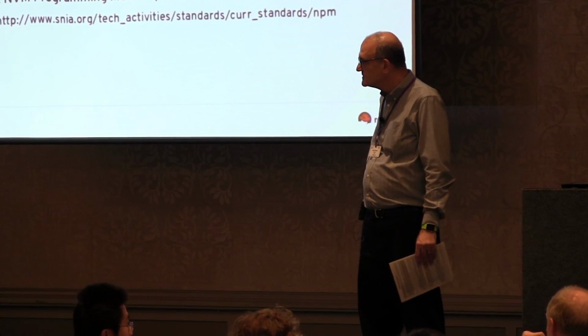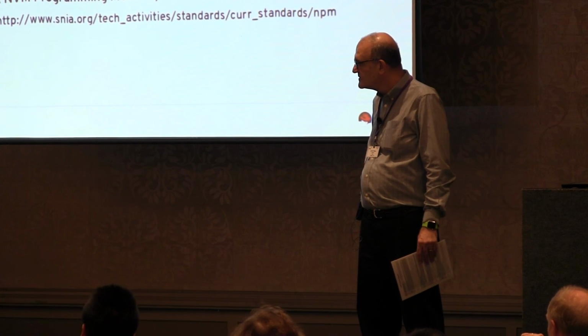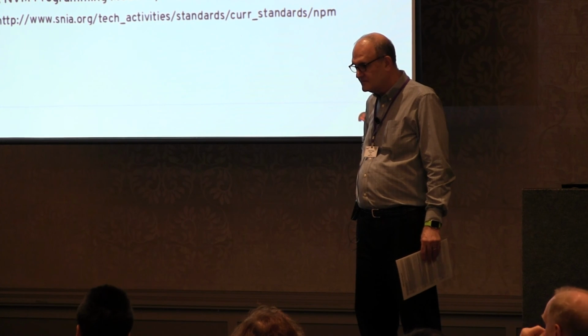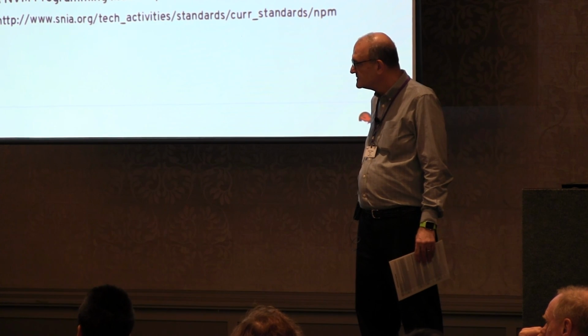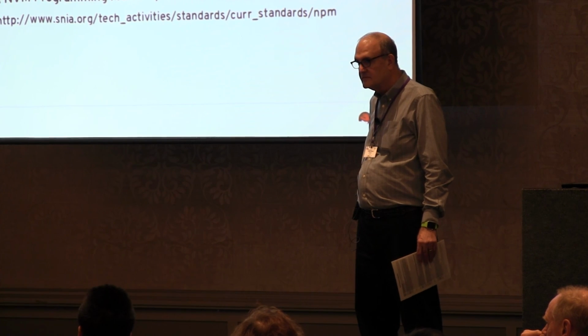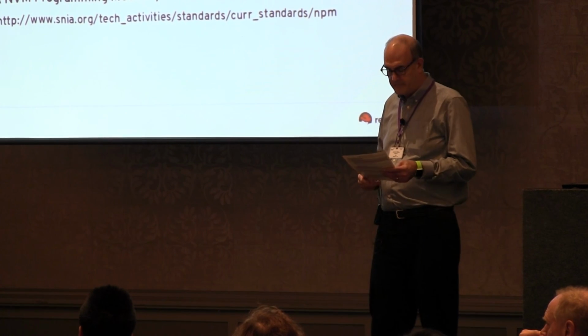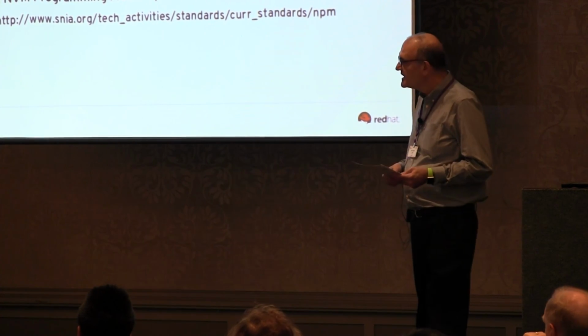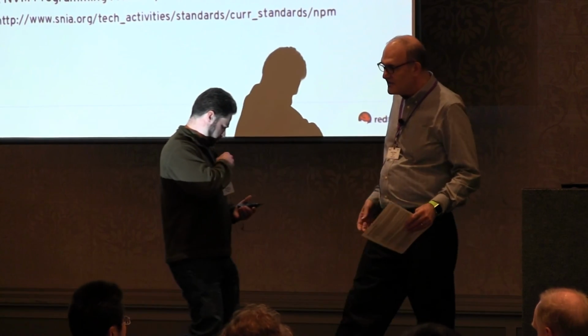Because basically, when you look at the problem space, if you can update middleware and database transaction managers, then you're modifying very small pieces that affect a lot of the other applications using them. Jeff, thank you very much.